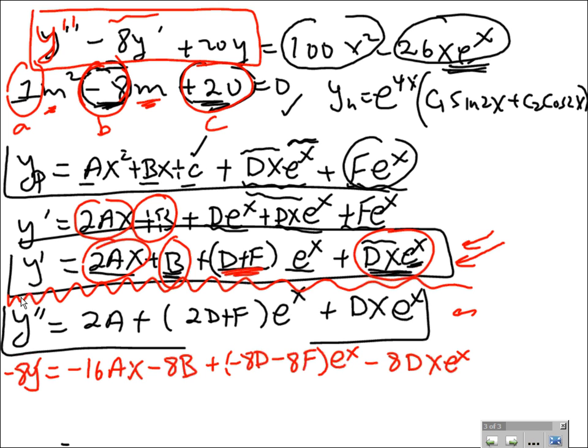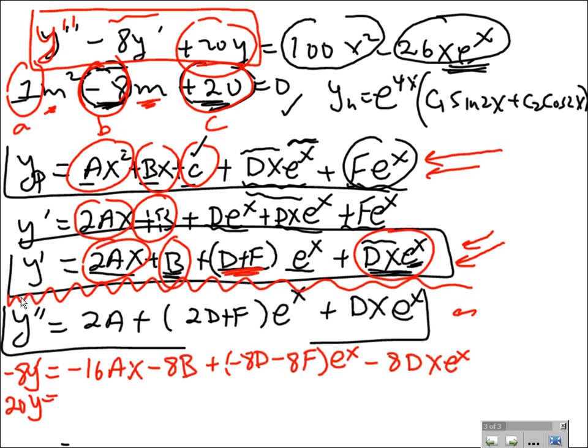And I'm going to add 20 y's. Y's are right there. I'm going to write 20 y's, and I'm going to multiply each of these terms by 20.